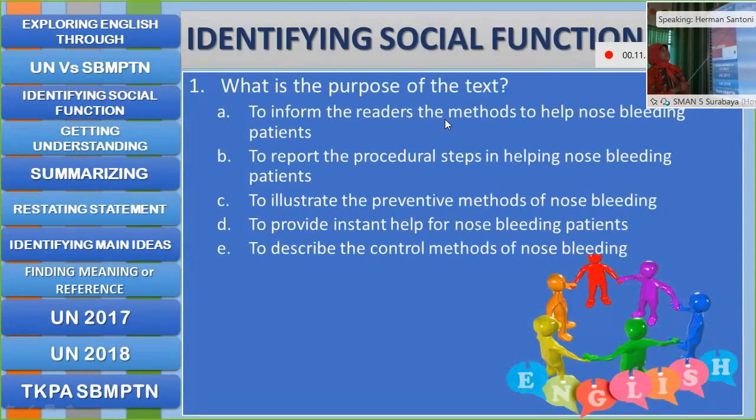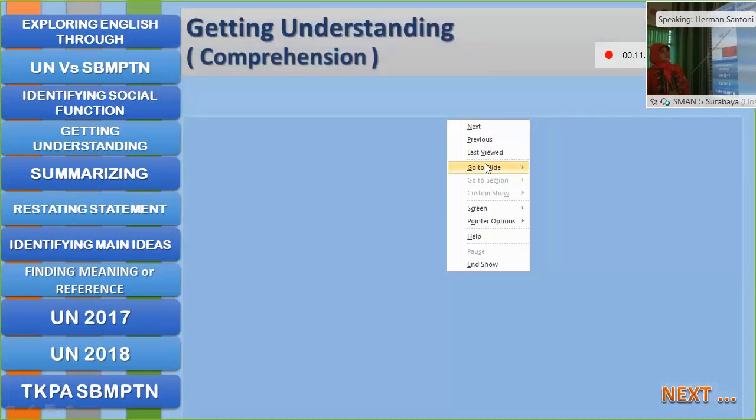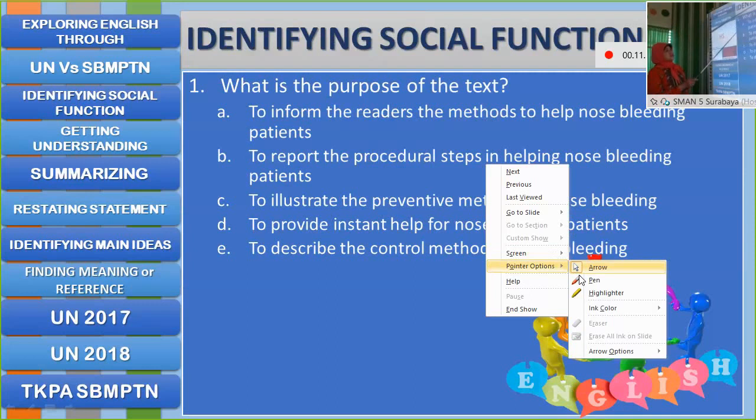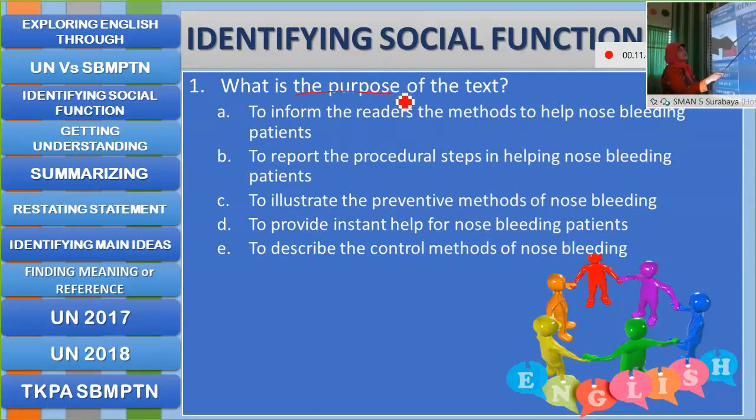When it is asking social function, this can be the purpose, or we sometimes have communication. By having a text, there is a question, and there are five options, and we think about which is the best choice.